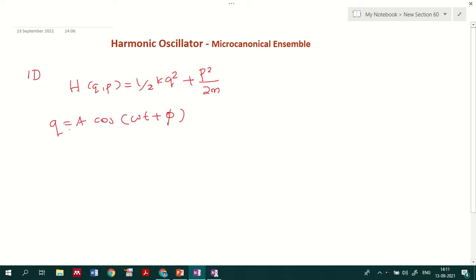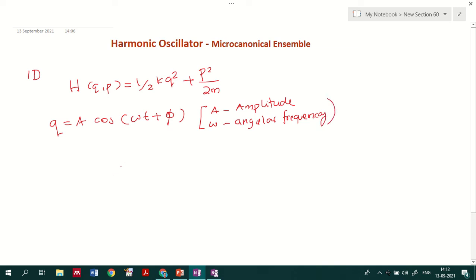Here q is the position of the particle and p is the momentum of the particle, so we have a one-dimensional particle. Here a is the amplitude of the wave, omega is the angular frequency, and phi is the phase.